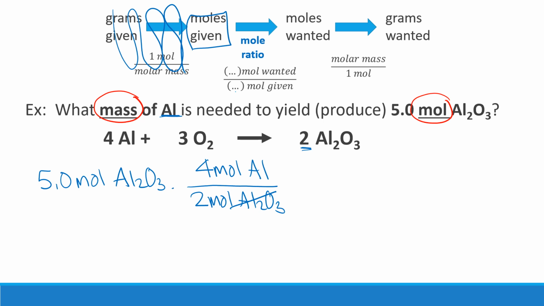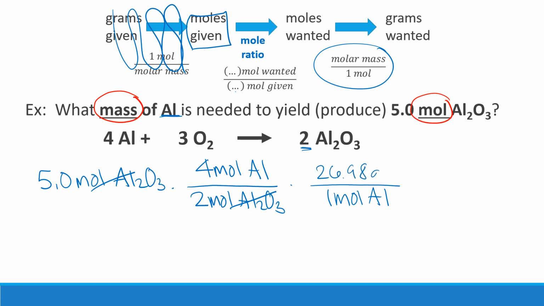That cancels out moles of Al2O3, and then I can do one more step. I can use my molar mass of aluminum to convert my moles of aluminum to grams. So 1 mole of aluminum in the denominator, and the molar mass of aluminum is 26.98 grams. Cancels out moles of aluminum, and those 2 steps get me from moles to grams.